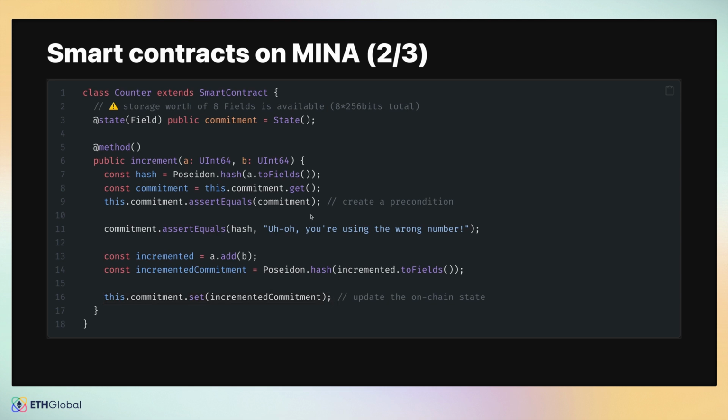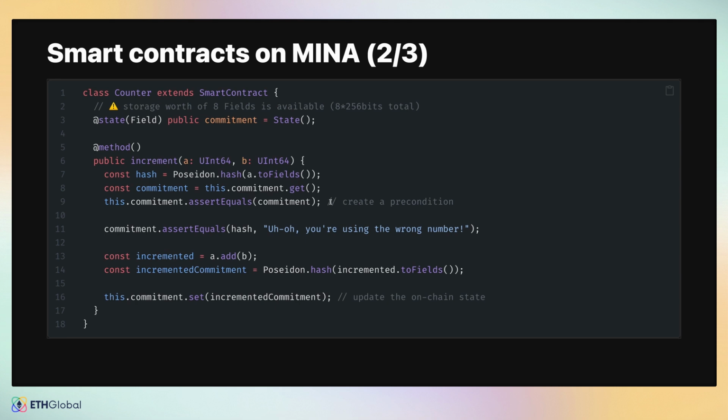I want to talk a bit more about preconditions and what exactly they mean. When your smart contract runs off-chain in your browser on your client, it has to fetch the on-chain state, and then the proof that is created from calling the increment method has to carry a public input or output, doesn't matter in this case, basically telling the chain, when it goes to verify the proof, which on-chain state you have used for your transaction.